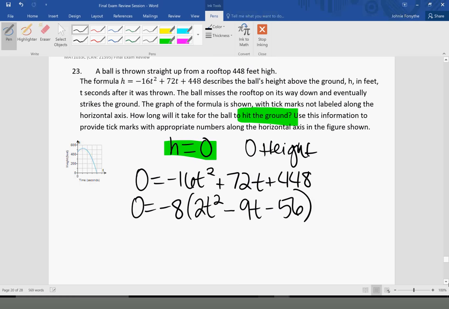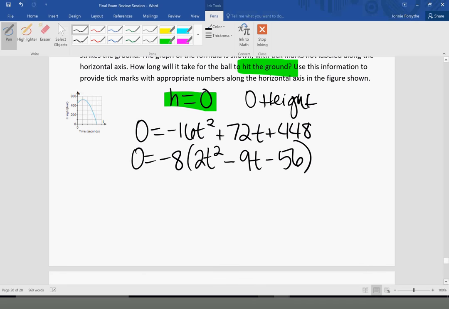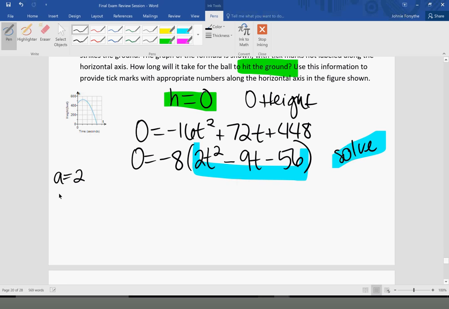Okay, so we can solve this by factoring, or we can use the quadratic formula. Let's use that just to get some practice. So we're going to now solve in here. All right, so let's see. So A equals 2, B equals negative 9, and C equals negative 56.